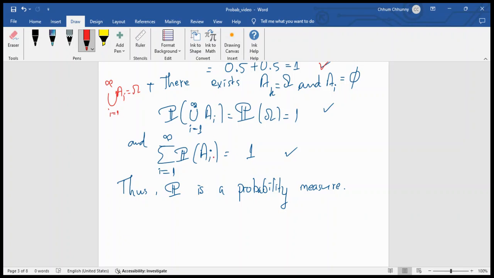And because the mapping P satisfies both conditions of Definition 1.2, we can say that P is a probability measure. If it does not satisfy one of the two conditions, we cannot say that P is a probability measure.